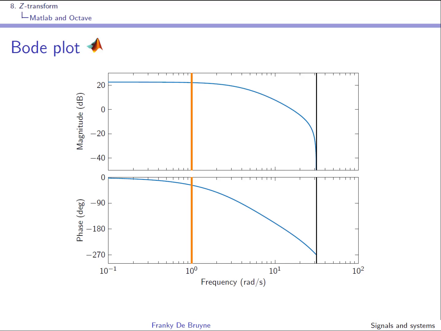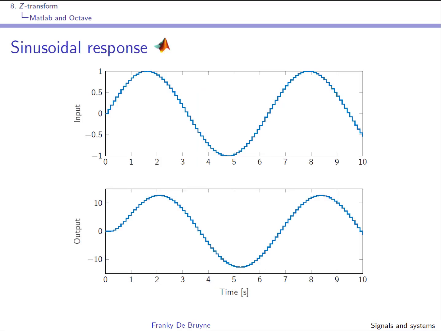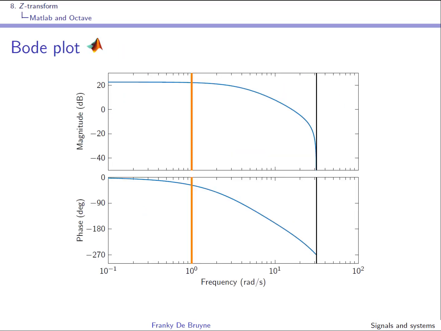So you should have at the output an amplification of roughly 23-24 dB, and a phase shift of minus 20 degrees. More than 20 dB corresponds to an amplification of more than 10, and this is indeed the case, and you can see this small phase shift of 20 degrees.